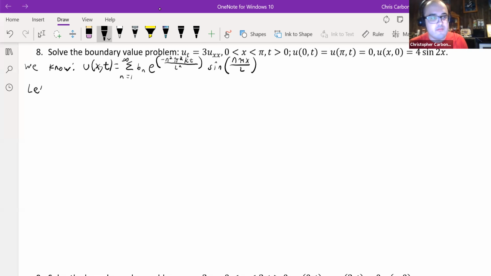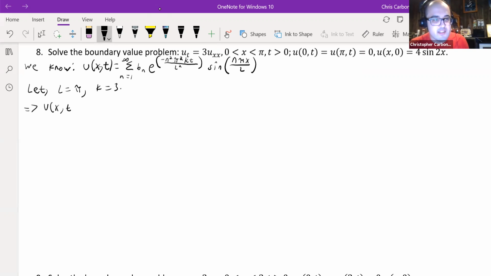Based on this problem, since that's just a general formula, in this particular problem L is pi and k is 3, which means that what we just wrote can be simplified slightly.